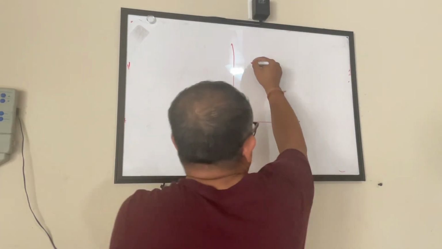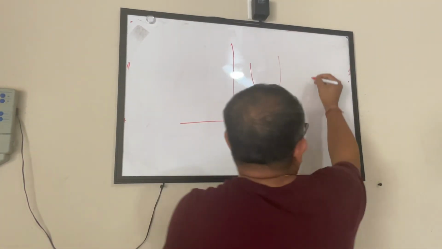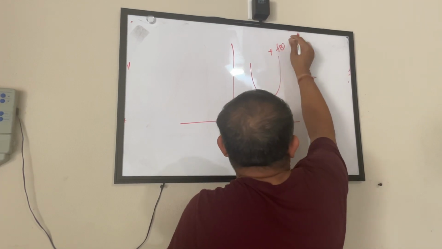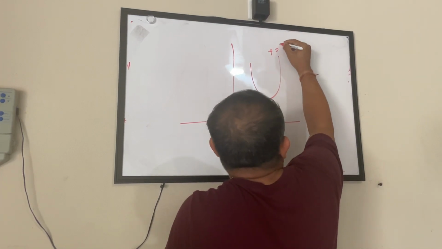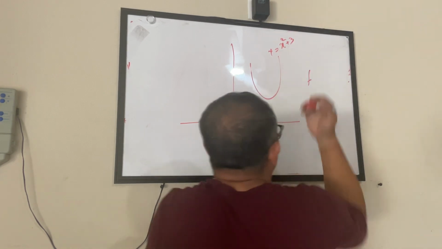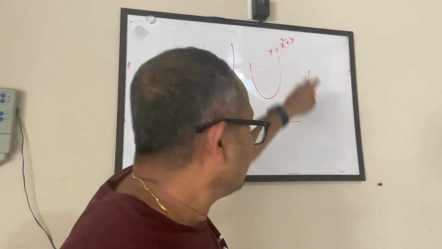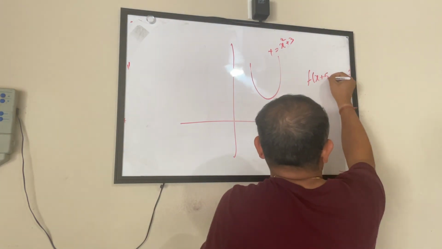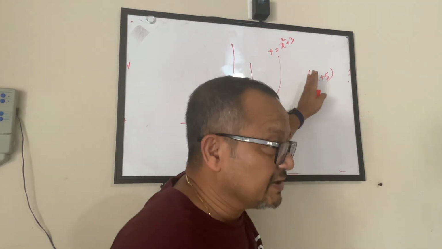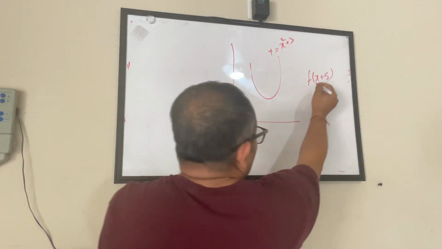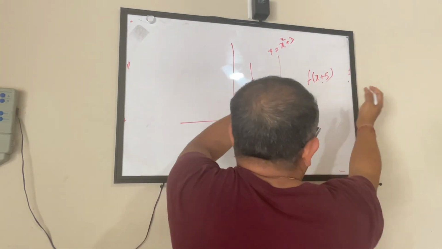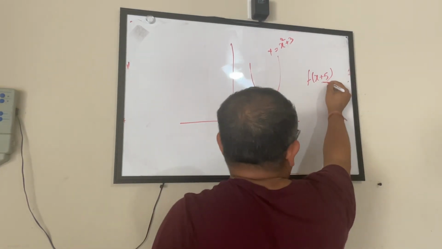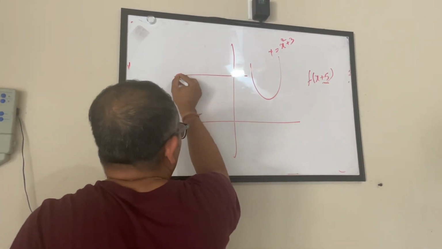Look at this parabola. This is, let's say, my parabola, which is function of x, or y equals, let's say, x squared plus 3. This is my parabola. If somebody says function of x plus 5, first thing that will come to your mind is, oh, function of x plus 5. So this is talking about moving it laterally, this way or this way. Now since this is plus 5, this moves by 5 points.